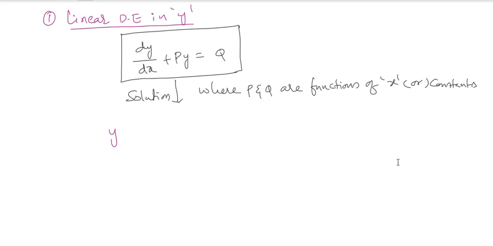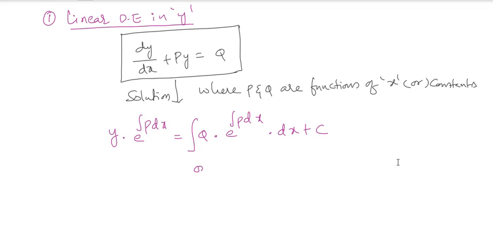You can write it as y into e to the power of integral p dx, which is equivalent to integral of q into e to the power of integral p dx, into dx plus c.